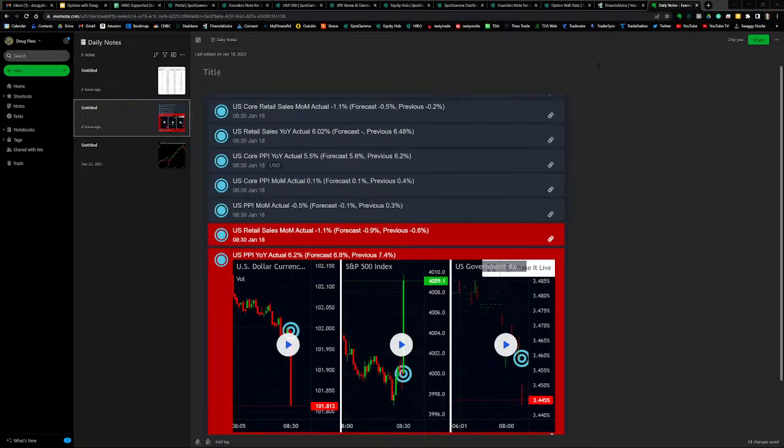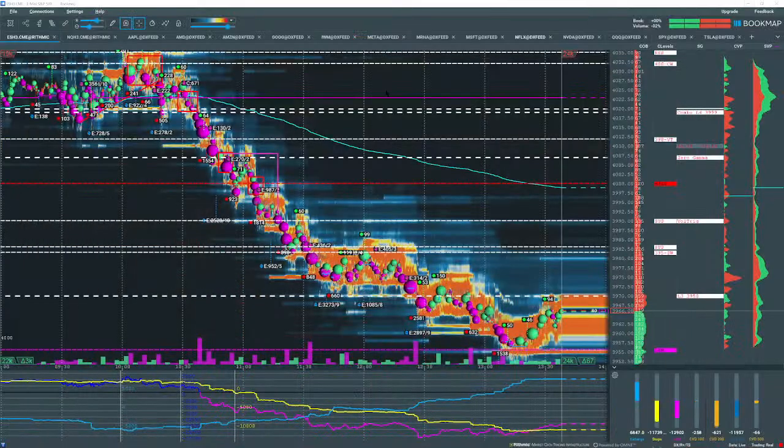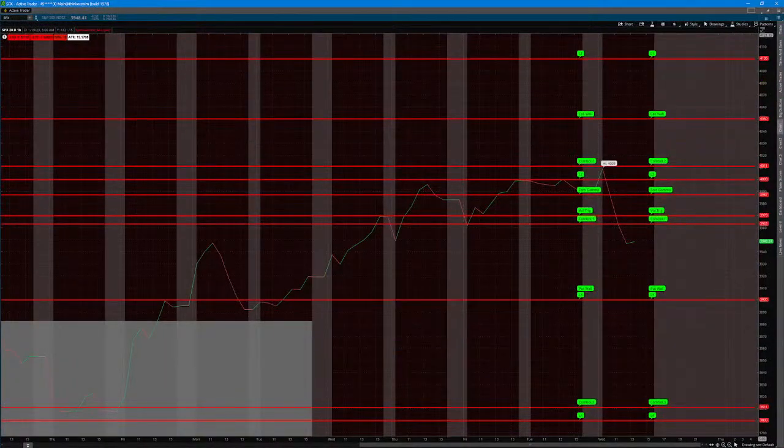Okay, let's go to our position analysis. And I'm going to start by looking at a big picture. And this is the SPX chart. This is in Thinkorswim. And I'm using the levels that are provided by Spotgamma.